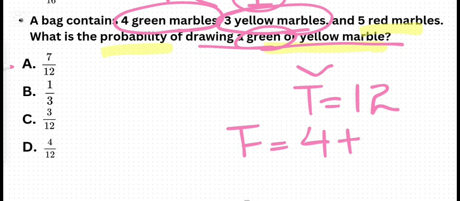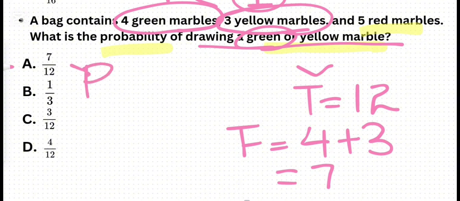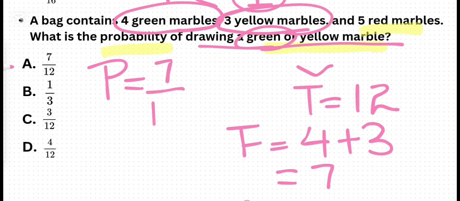So there are 3 yellow marbles, after adding it becomes 7. If you put these values in the formula, P is equal to F by T, it becomes 7 by 12. So the correct answer is A, right?